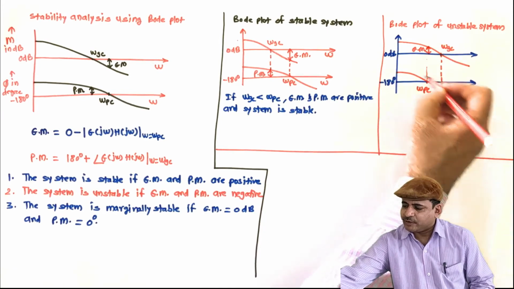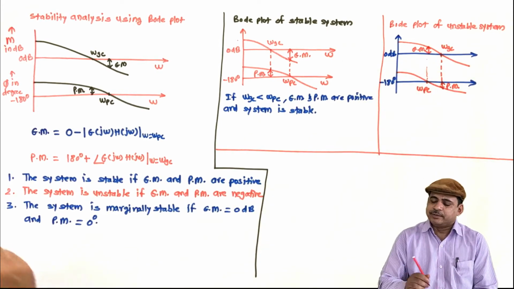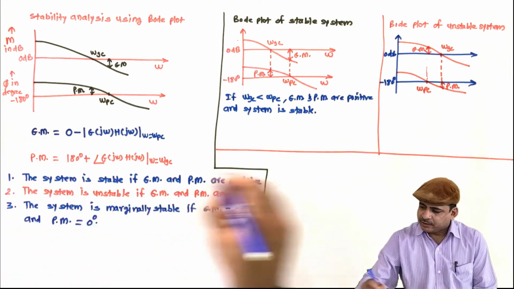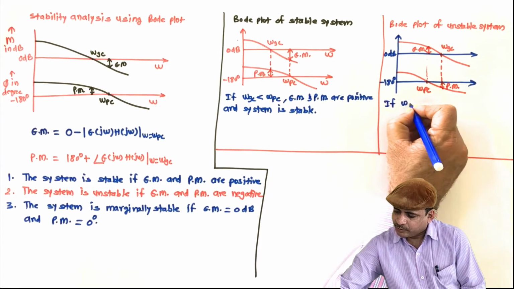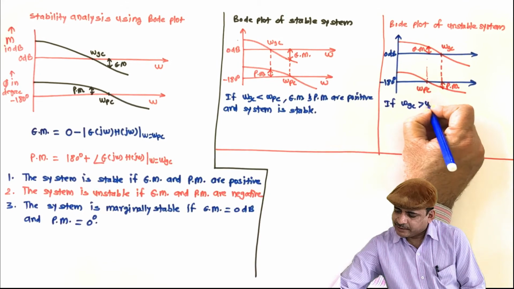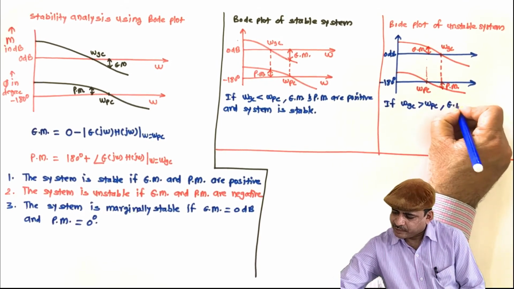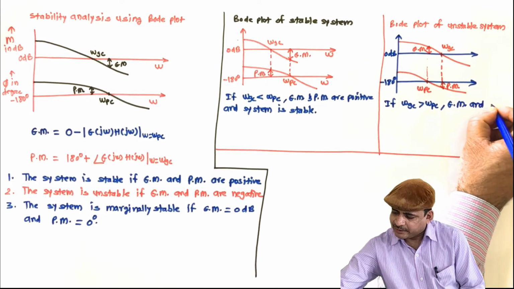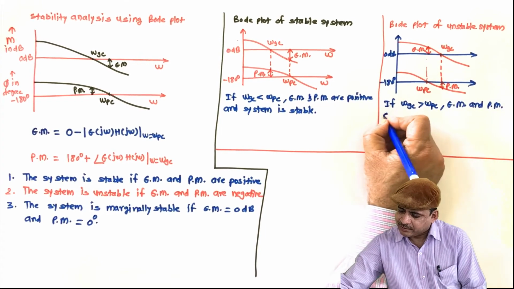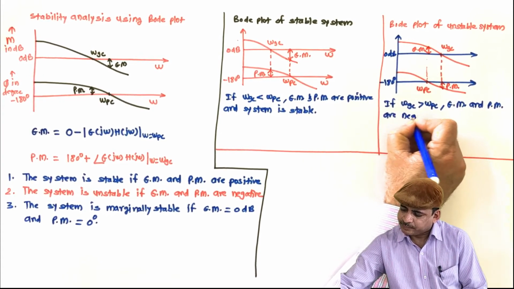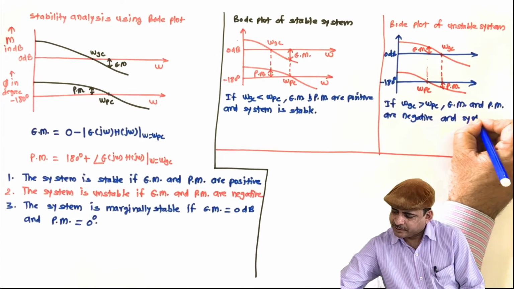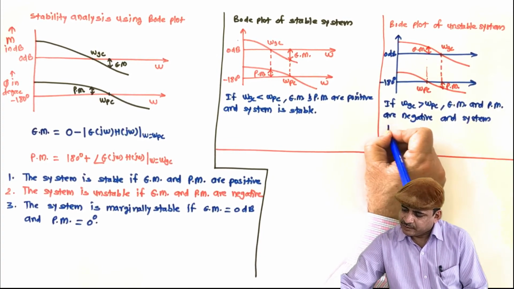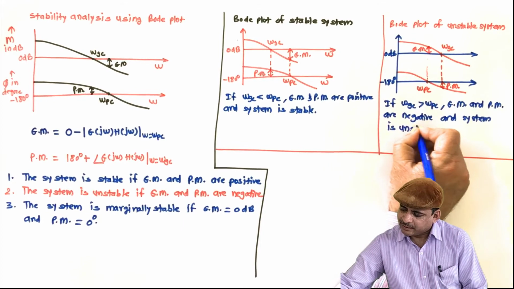So if we add this value to 180, the phase margin is negative. So if omega GC is greater than omega PC, gain margin and phase margin are negative and system is unstable.